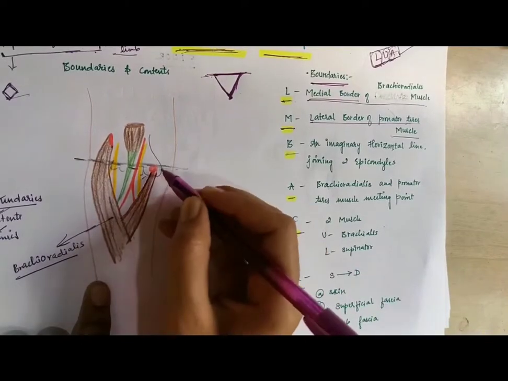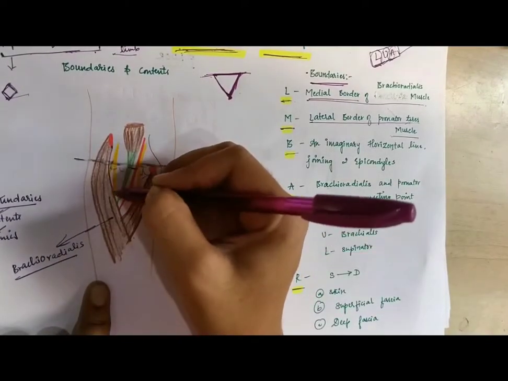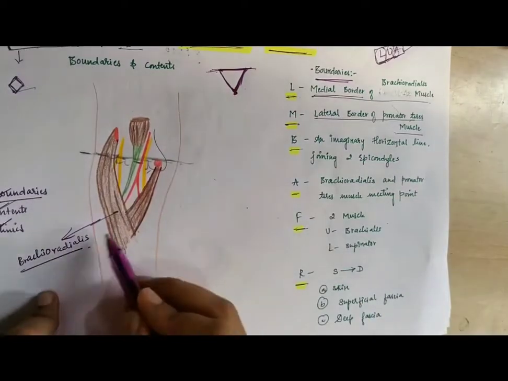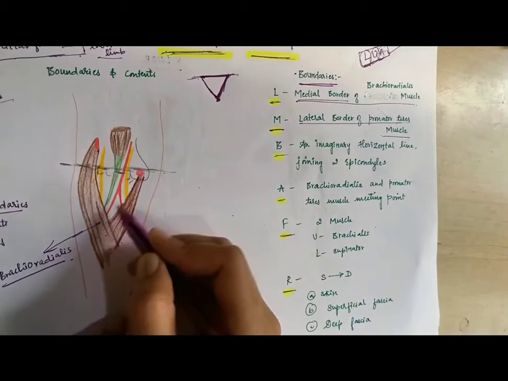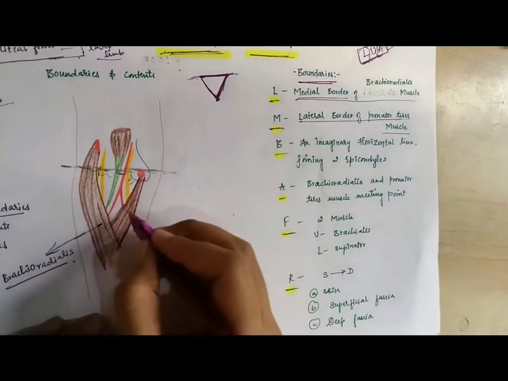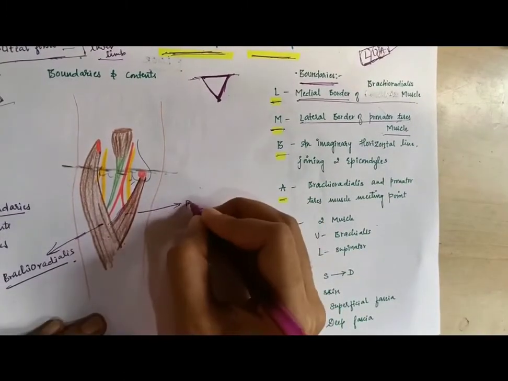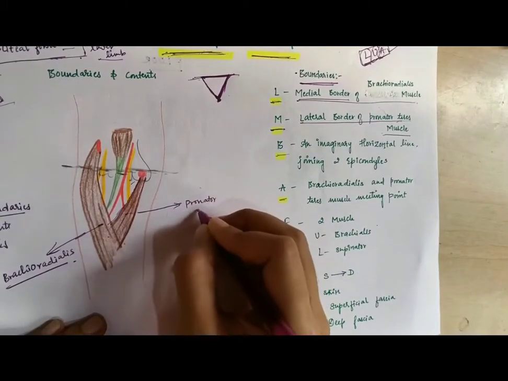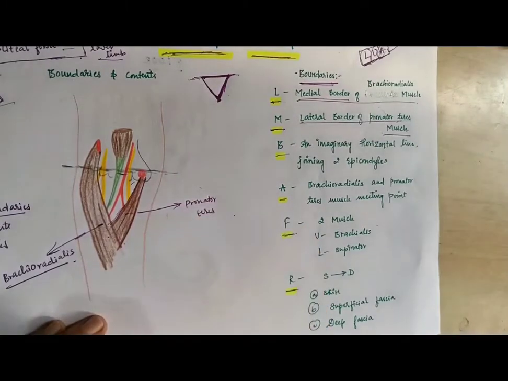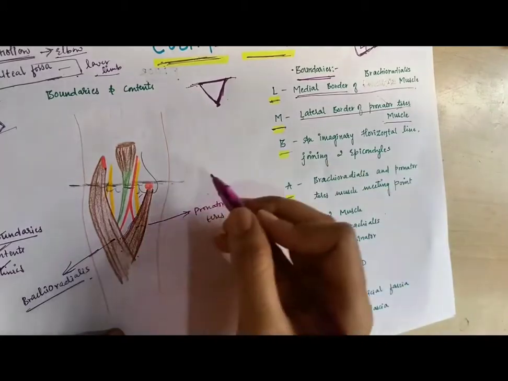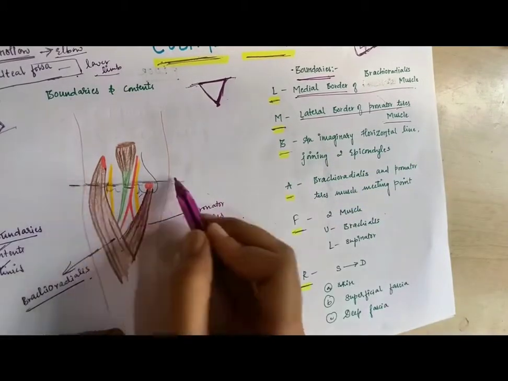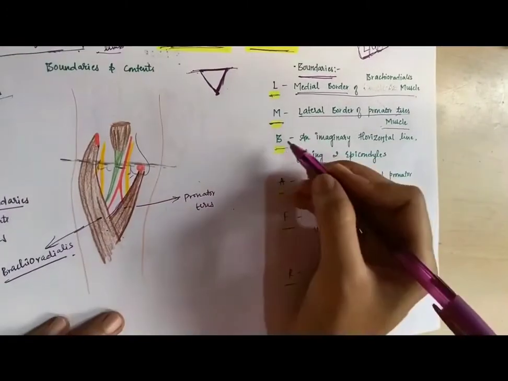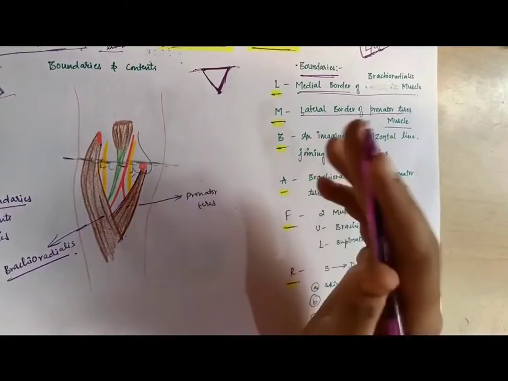The medial border of the brachioradialis makes the lateral boundary, but the lateral border of the pronator teres muscle makes the medial boundary of the cubital fossa.